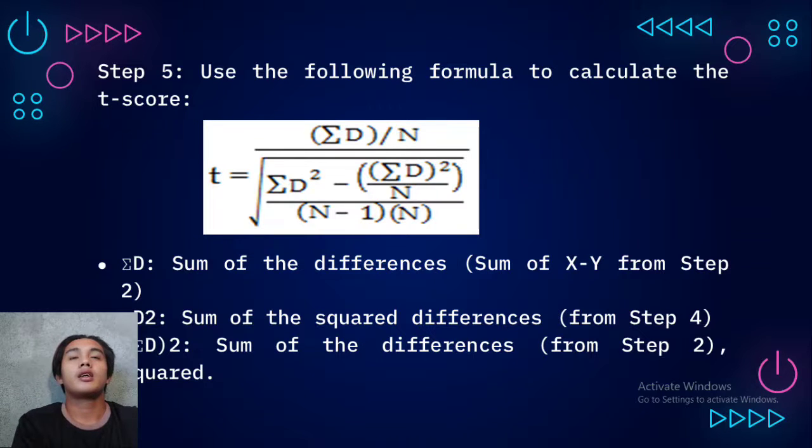The summation of d is the sum of the differences, x minus y, the total of that. The summation of d squared is the total of x minus y squared that we computed earlier. And the quantity of summation of d squared is still the summation of d, which we will just square later.